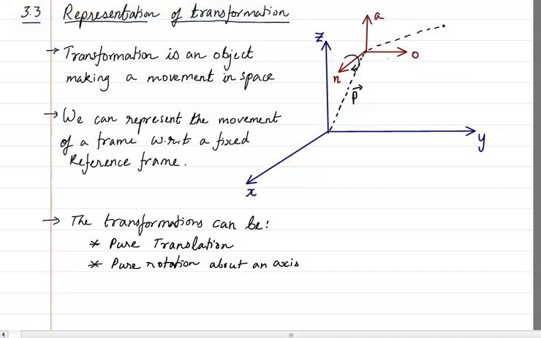With respect to O, we can have a rotation. That means you catch O and you turn it either clockwise or anti-clockwise. When you turn it, the other axes turn like the needles of a clock. Similarly, you can have a rotation of the A axis so that N and O move like the needle of a clock.